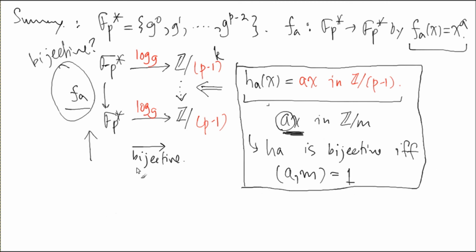All right. The multiplicative world of a finite field looks really complicated. If you look at these numbers 2 and 10 and 7, you don't know what's going on. But if you go through the log map, what's really going on with the raising to a power map is really multiplying that power to this coefficient world, which is the same as Z mod p minus 1. All right? So let's look at this example.